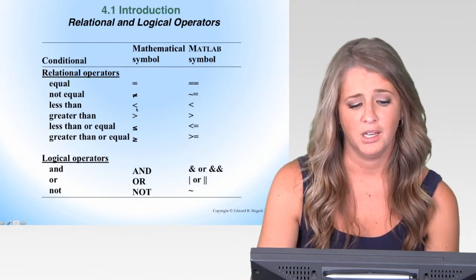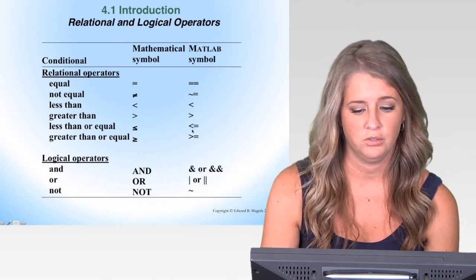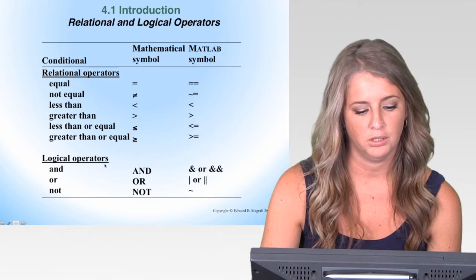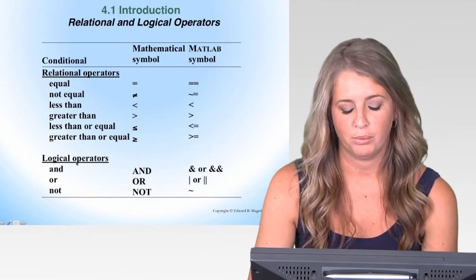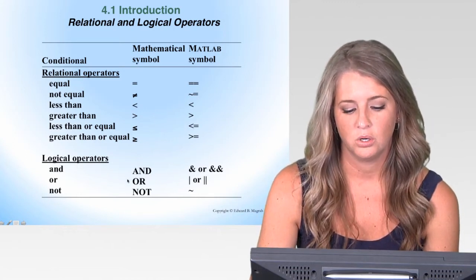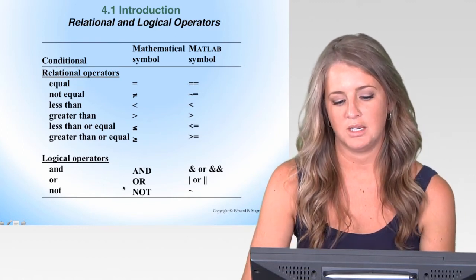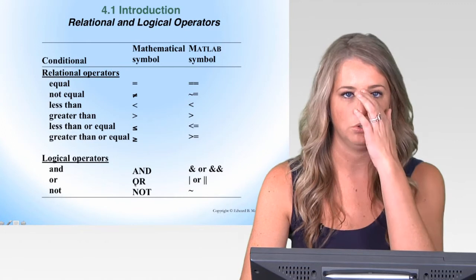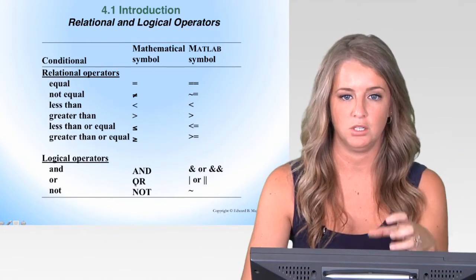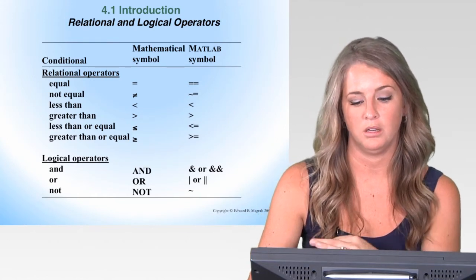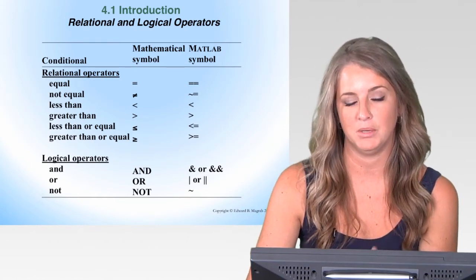And then the less than, greater than, again, these are the notation that we're used to, so that should be nothing really new there. Logical operators, we have the and, or, and not. So what logical operators do is they create a way for us to combine conditions to where either both have to happen or one or the other has to happen in order for a statement to be true.